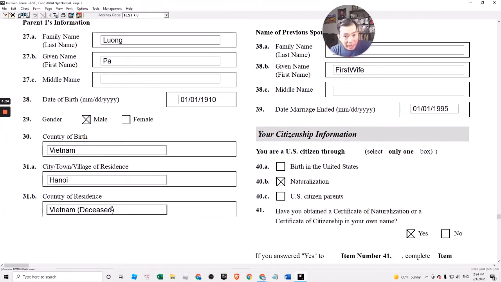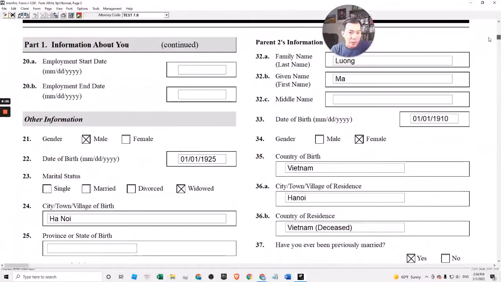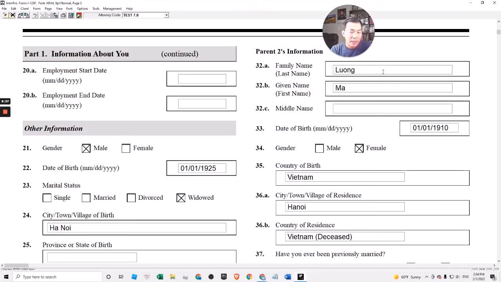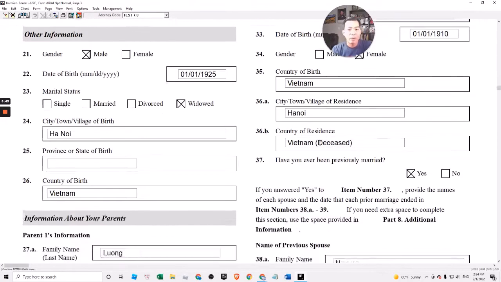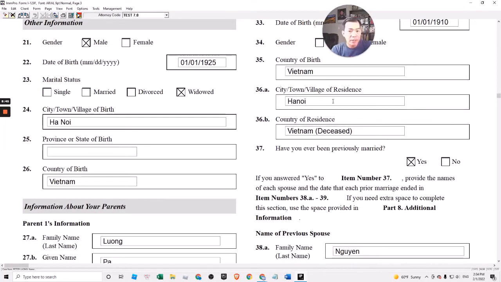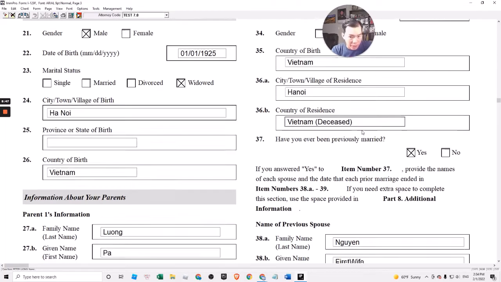If he's still alive, you put the country here. If he's already passed away, you can put the word deceased here. And again, on the right column, you put your mother's information here. Lương Ma, Mama. Date of birth, female or male, country of birth, city of residence, and country of residence.